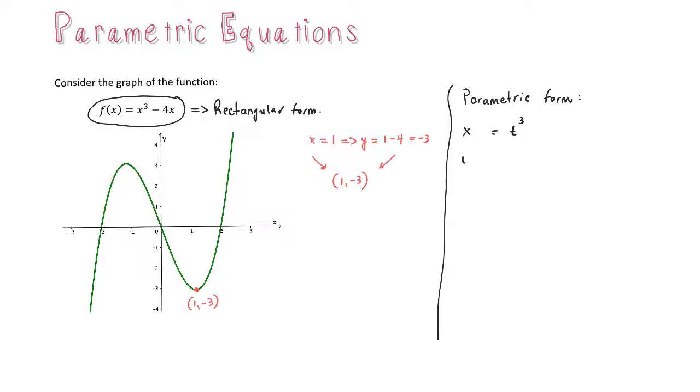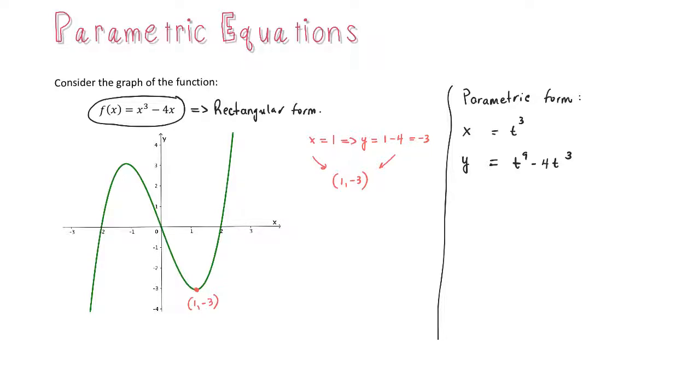And the y values will be t to the ninth minus 4t to the third. So notice over here how the x values have their own expression, t to the third, and the y values their own expression, t to the ninth minus 4t to the third.